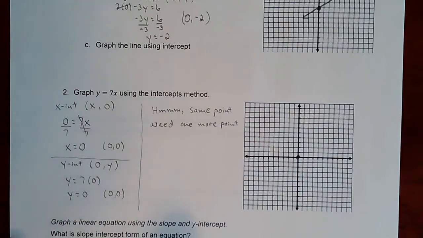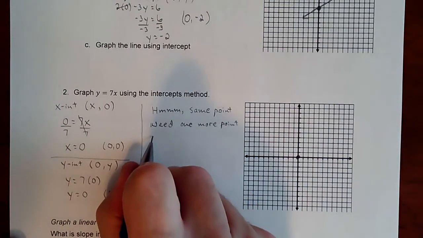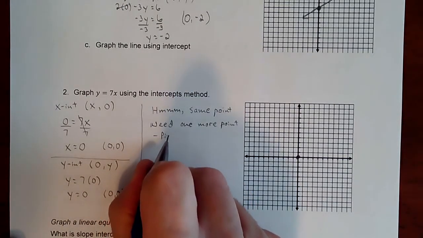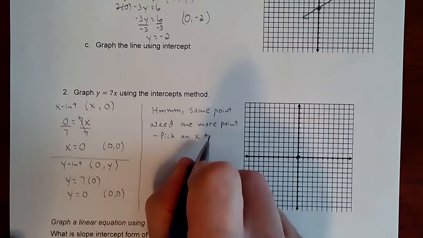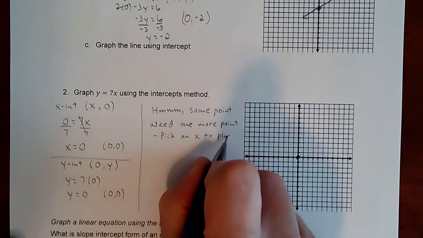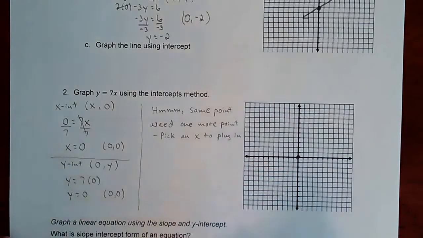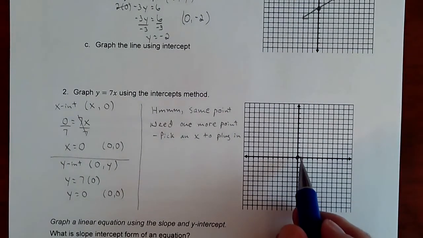Well, to figure out our one more point, we're going to pick an x. Pick an x to plug in. So this just shifted from finding x and y intercepts to instead, we found an x, y intercept. It was one and the same, but we just need one more point.